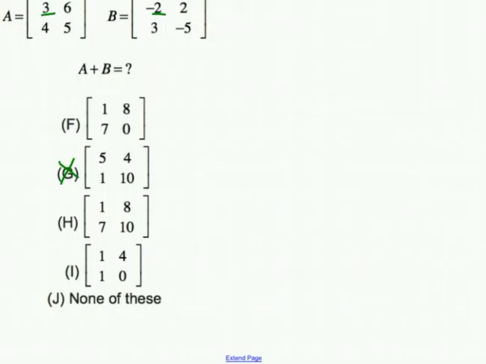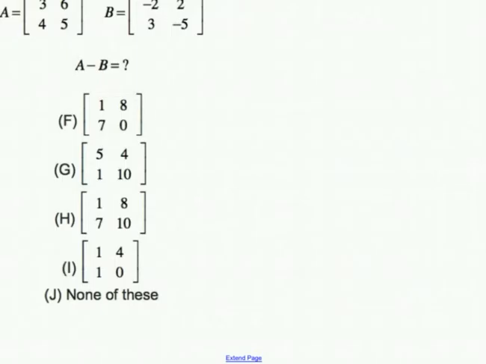Let's add another. Looks like 6 and 2 added together, so that's 8. I is gone now. And finally, looking at the two answers left, bottom left is the same. They're both 7, so I'd rather not do that one. How about the 0 and the 10? 5 plus a negative 5 is 0, so F is my correct answer.